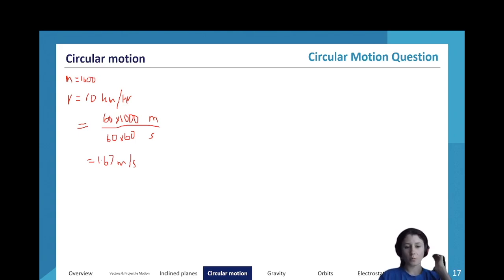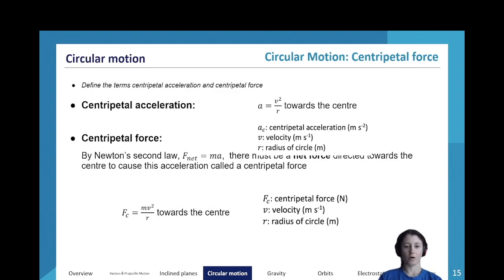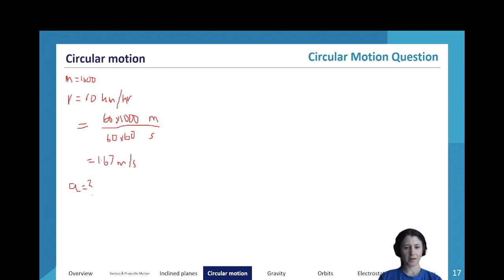Alright, we need to find the acceleration of the car. So let's have a look back at our formulas. Our acceleration formula is given here: a equals v squared on r. So we're going to have 1.67 squared.